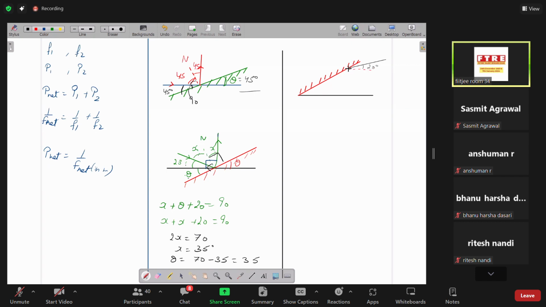And after reflection it becomes 90 degrees, perpendicular, vertical like this. This is given to us, so it will be like this. This case can also be there. This can be another option too. So now this will be my normal at the interface, and this is angle theta.